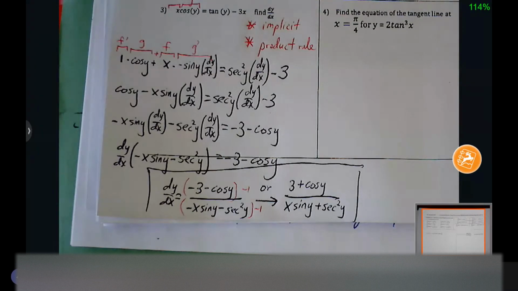Okay, is anybody still needing to look at number 3? No, okay. All right, here's number 4.